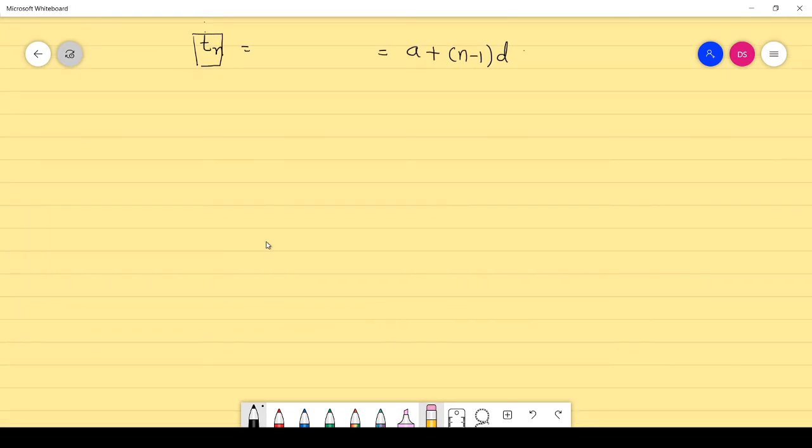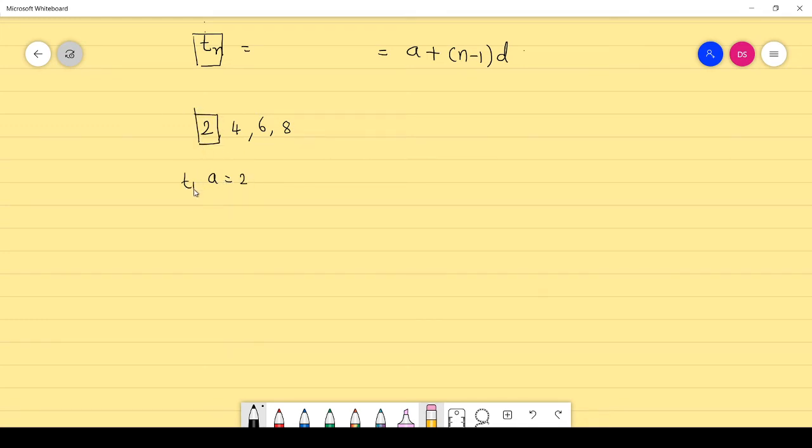Let's take another arithmetic problem. Let's take one example, that is 2, 4, 6, 8. You may ask, sir, what is a here? The first term is nothing but a.